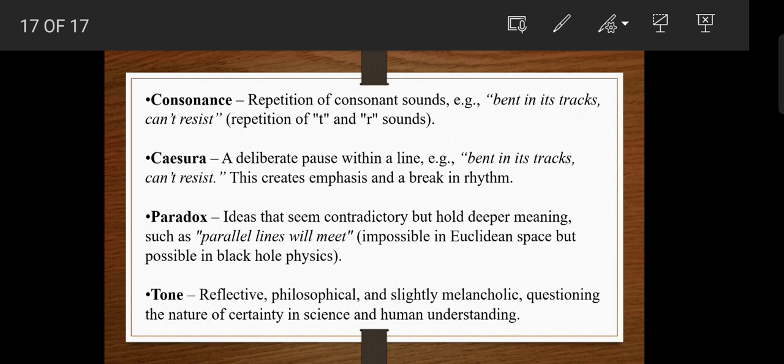The major takeaways from this poetry are the major poetic devices she is using and the major scientific theories she is describing here, like alliteration, enjambment, rhetorical questions, and how she is explaining the concepts of black holes, gravitational pull, time dilation, relativity, etc. By understanding these poetic devices, we can appreciate not only the beauty of the poem, but also how poetry and science can come together in a meaningful way.